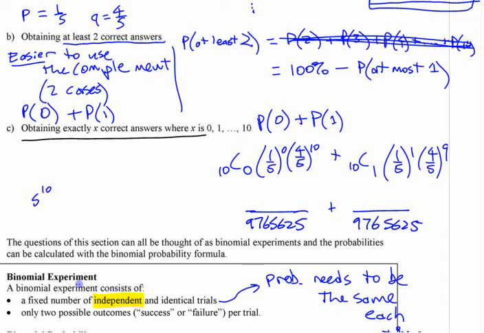So, what is it? 1048? Okay. And what's the other one here? 262144. But then we need to multiply it by 10 for that because that's a 10, right? You add those two numbers together, what do you get?